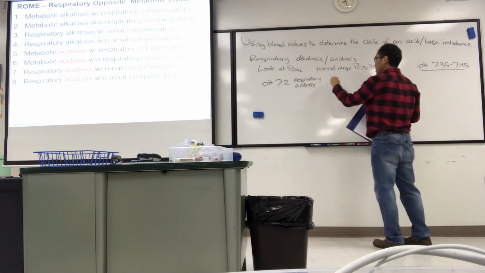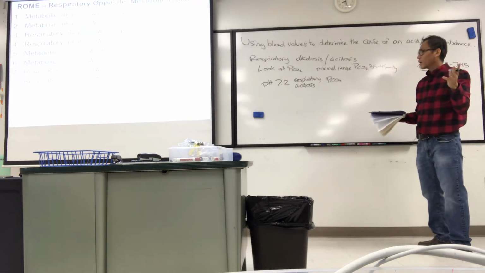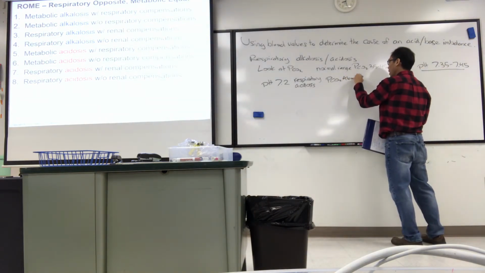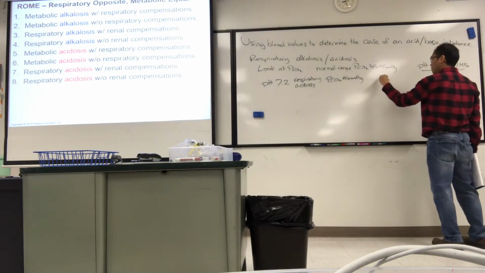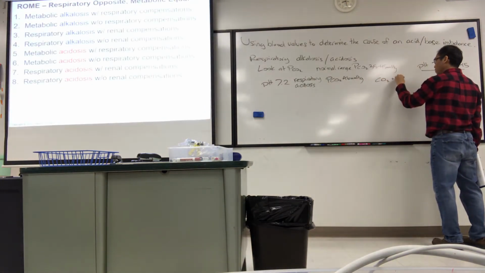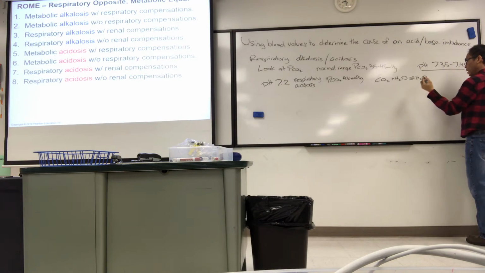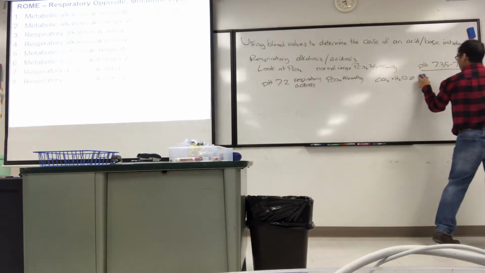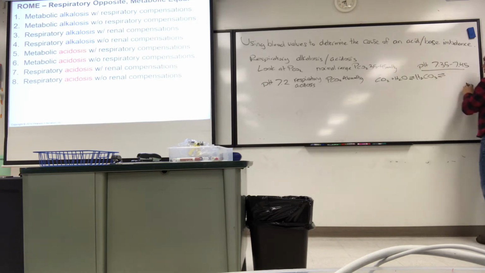What you would expect to see if it's a respiratory cause is that the PCO2 is too high. Let's say above the normal range, say 46. That would acidify the blood. Okay, let's remember why. If you have too much CO2, what do you create when you combine it with water? Carbonic acid, H2CO3, which is a weak acid which will partially dissociate.